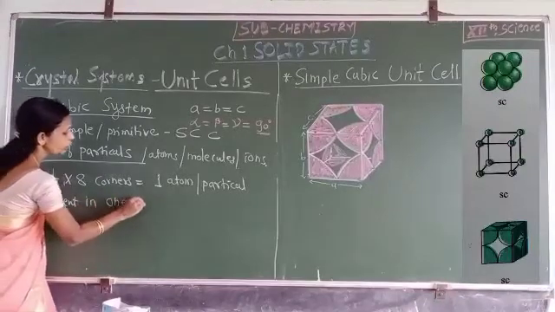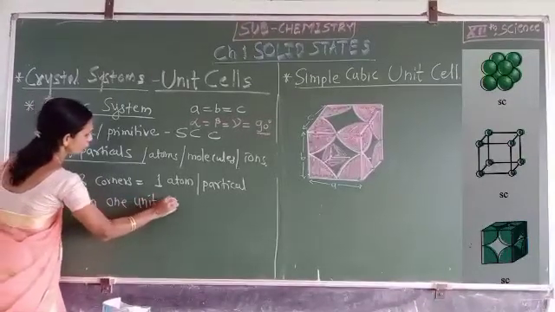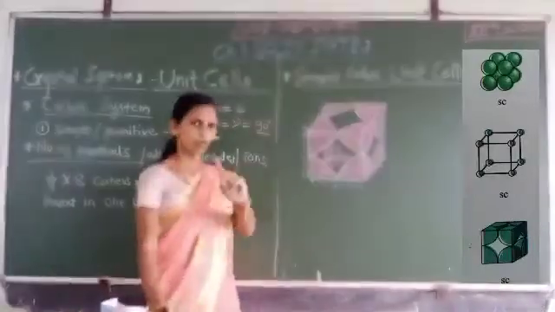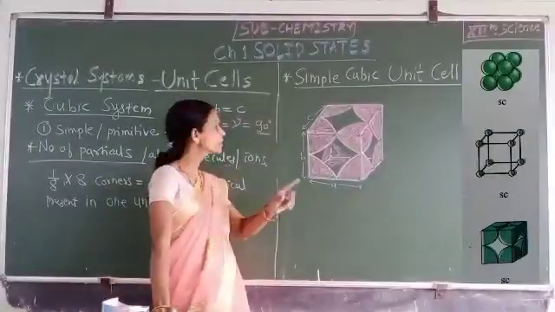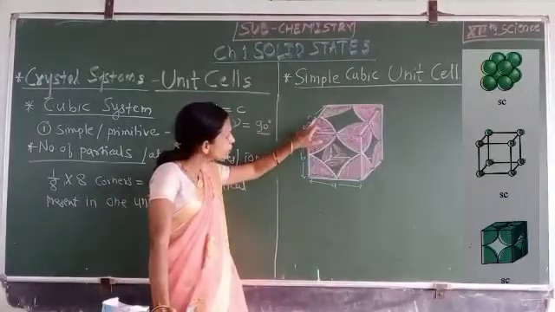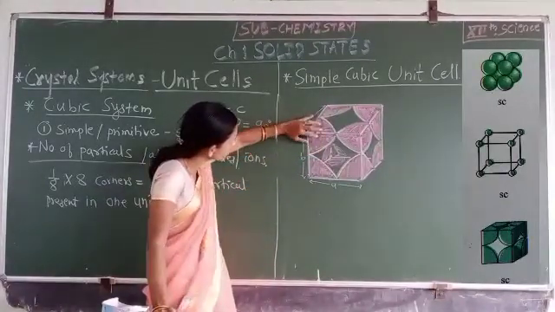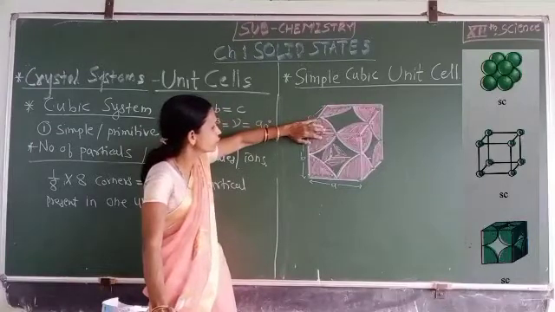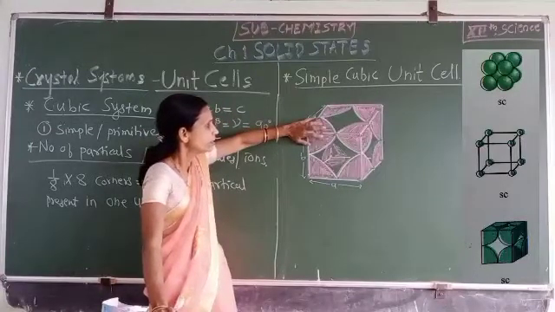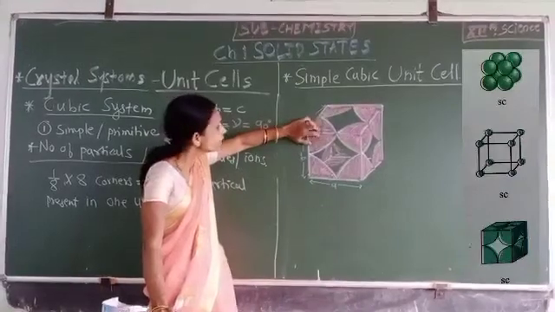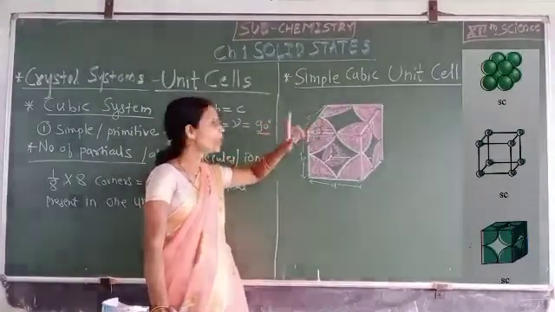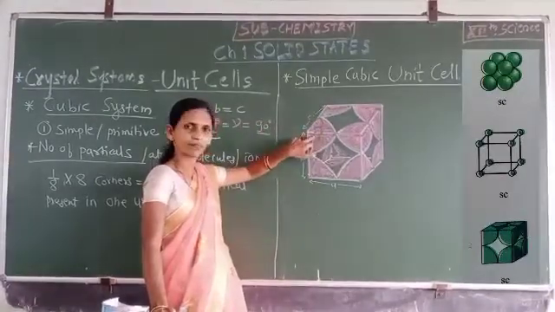1 unit cell, because in this one simple cubic unit cell, the particle or atom present at this corner of the unit cell contributes 1/8 part of it to this unit cell.